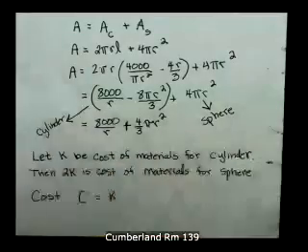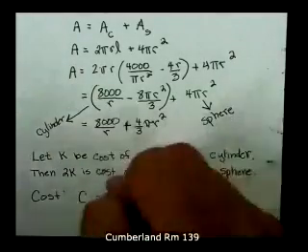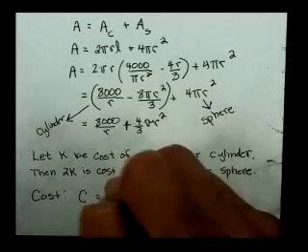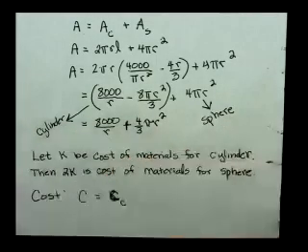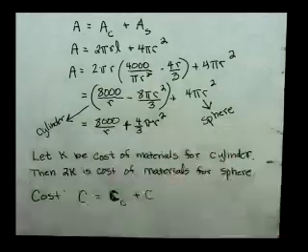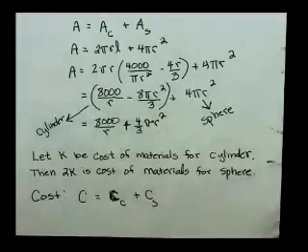K times the surface area. I'm going to write it this way. The total cost is the cost of the cylinder plus the cost of the sphere.